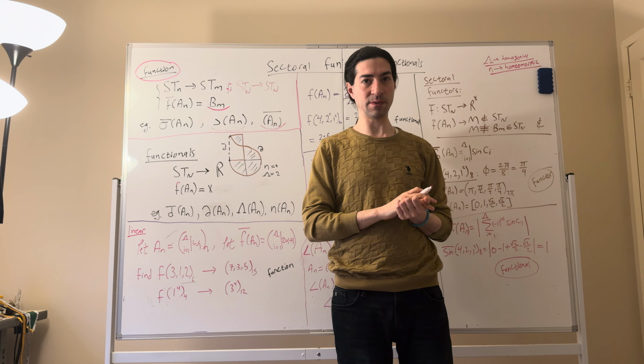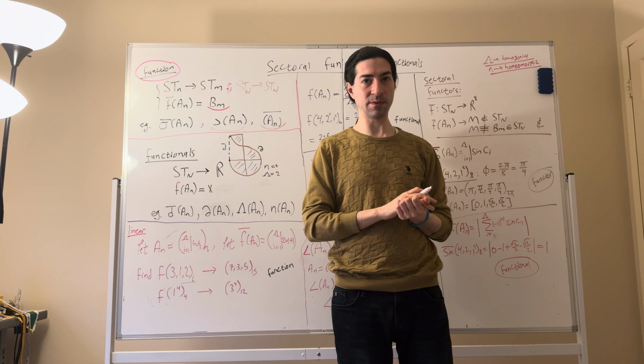When we look at the algebra of sectoral structures, we will see why we call that homogeneous. Secondly, we will talk about homeomorphic functions. And again, this is a name that implies a topologic transformation. When we talk about folding and unfolding of sectoral structures, it will make sense why we picked this name.